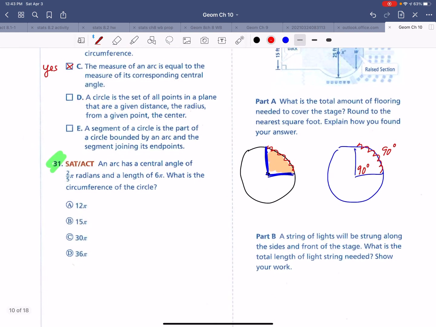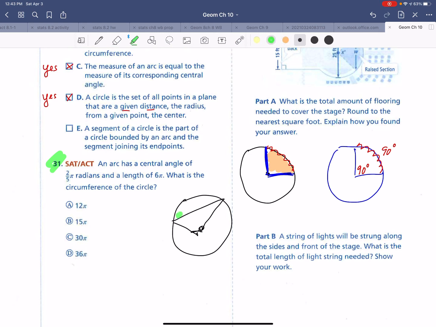A circle is the set of all points in a plane that are a given distance, the radius, from the center. I think that sounds pretty good as far as the definition of a circle. A segment of a circle is the part of the circle bounded by an arc.